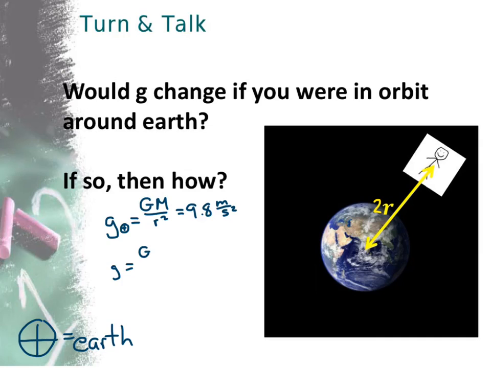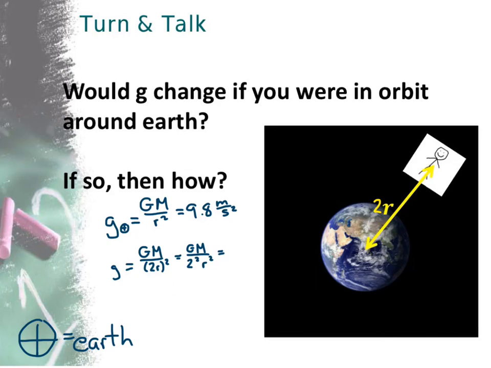Okay, welcome back. So hopefully what you recognized is that the acceleration due to gravity out here in space at a distance of 2r is going to equal G times m over the quantity 2r, all of that squared. And if we do a little simplifying here, that turns out to be Gm over 2 squared times r squared.